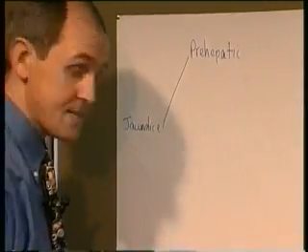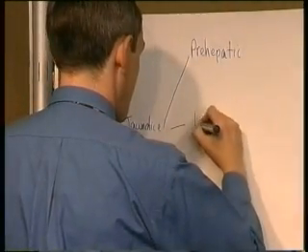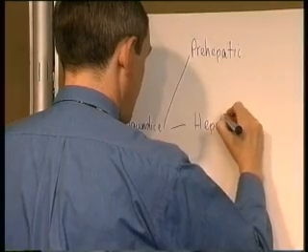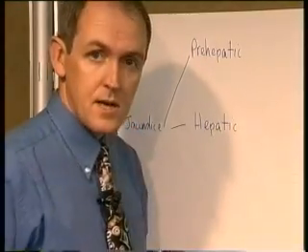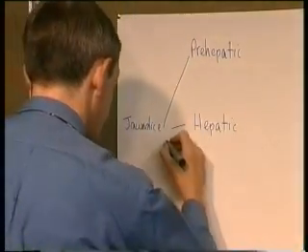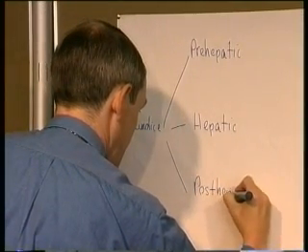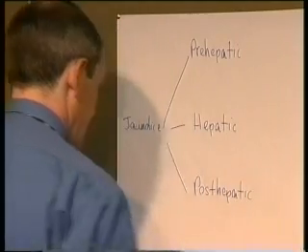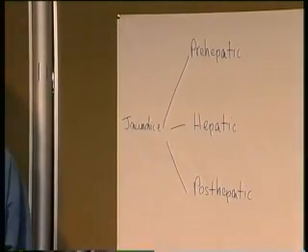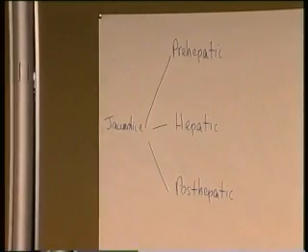Second type is hepatic. And the third type, posthepatic. So the jaundice may be prehepatic, hepatic, or posthepatic.